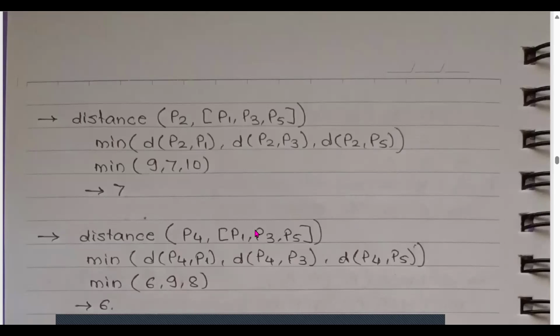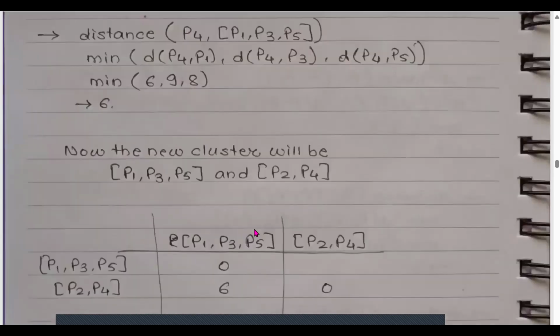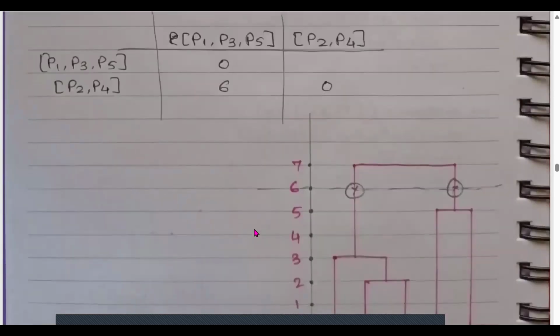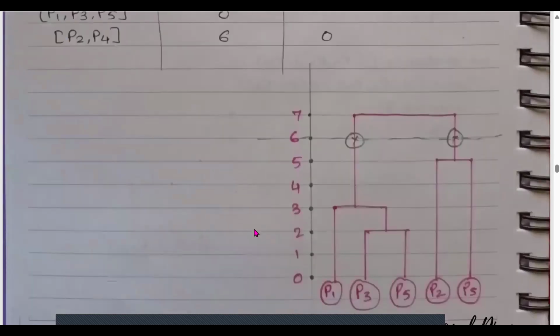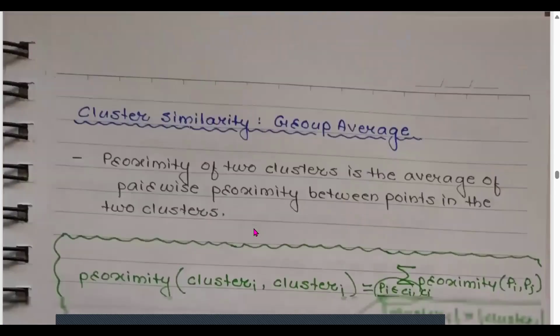Distance P2, P1, P3, P5. Distance P2 and this. Now the new cluster will be a cluster with similar group average.